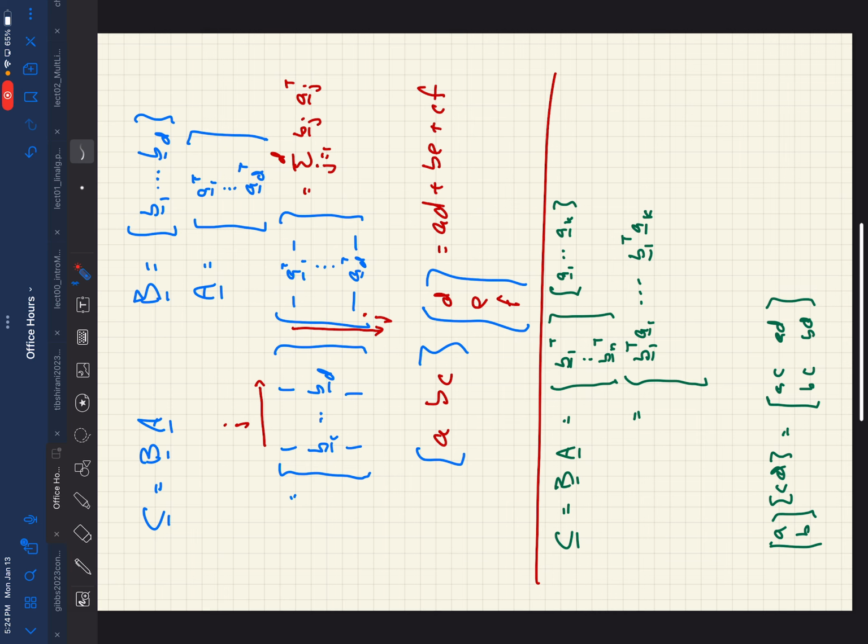So the bottom right corner would have BN transpose times AK. Yeah, that bottom right element, you're right. It's going to be BN transpose AK. What about the bottom left? The bottom left would be BN transpose and A1. Right, A1, exactly. So this is an entire matrix, and then these are its different scalar entries.